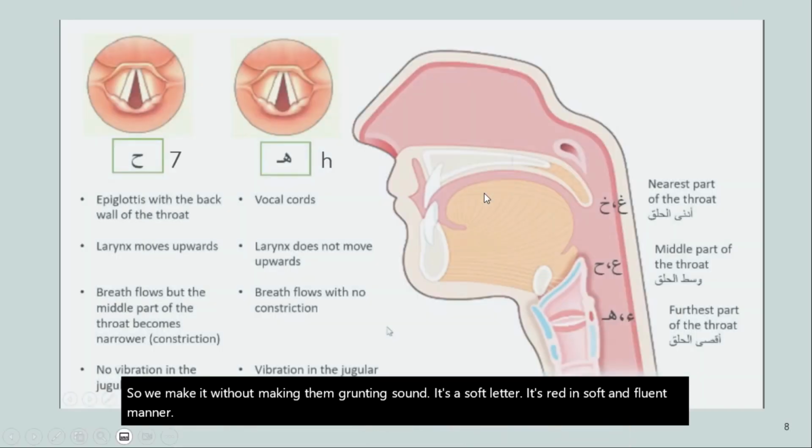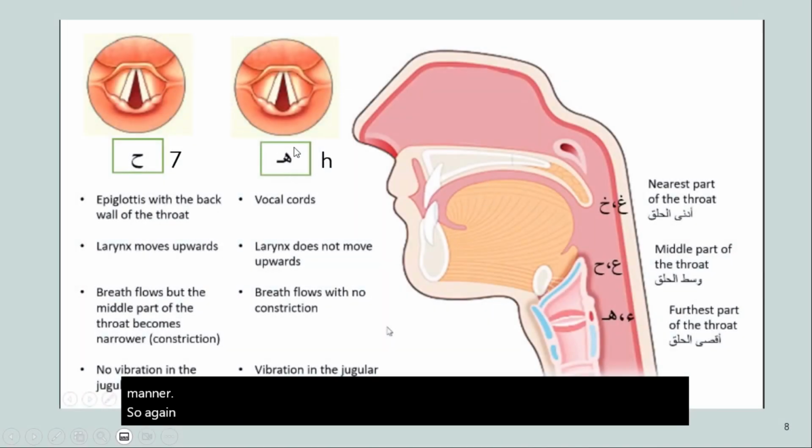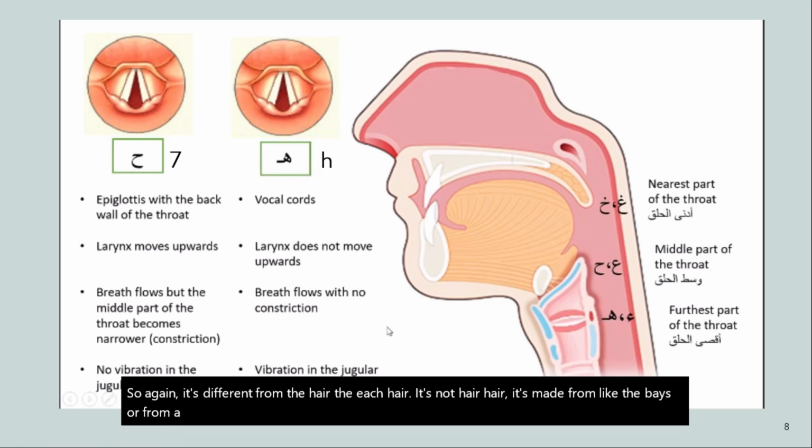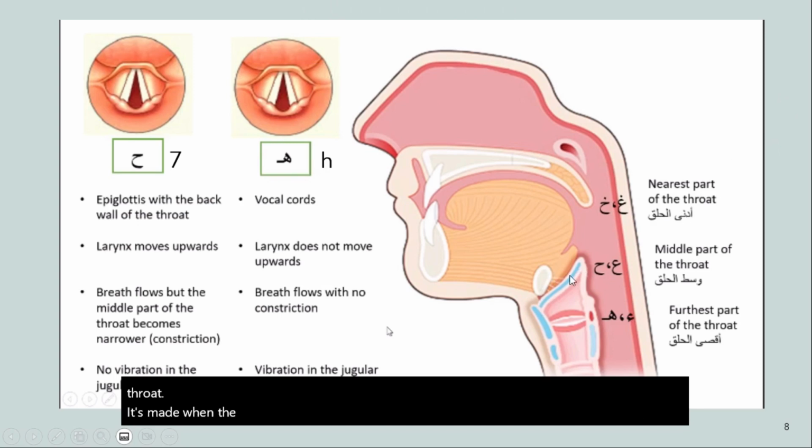So again, it's different from the H in English. It's not ha, it's made from like the base or from the furthest part of the throat, but ha is made from the middle part of the throat. It's made when the epiglottis touches the back wall of the throat.